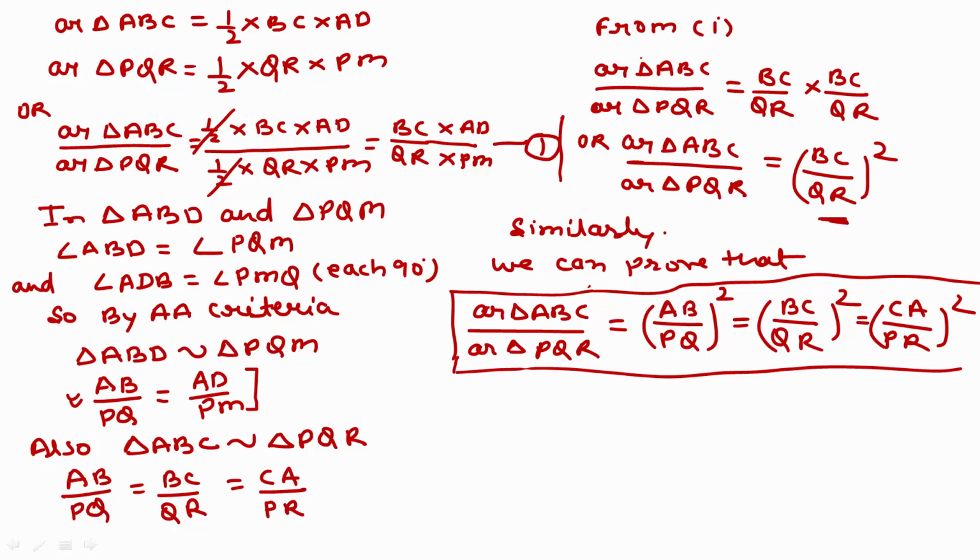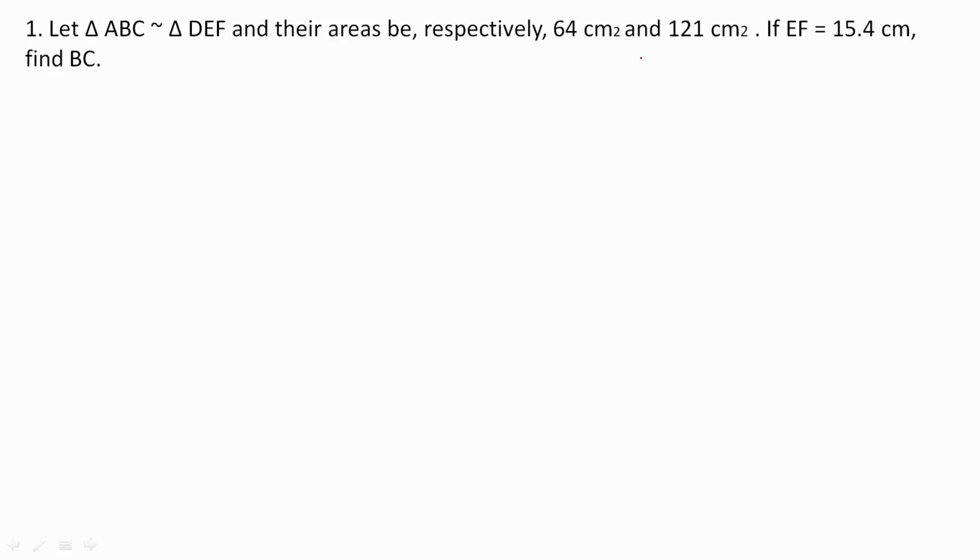Now see exercise 6.4. The first question is: triangle ABC is similar to triangle DEF and their areas are respectively 64 cm square and 121 cm square.